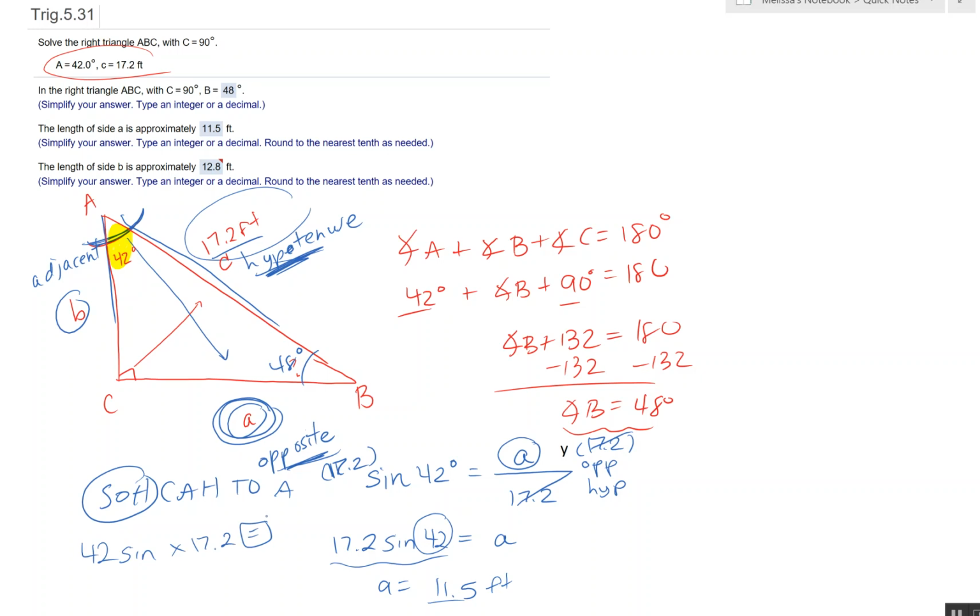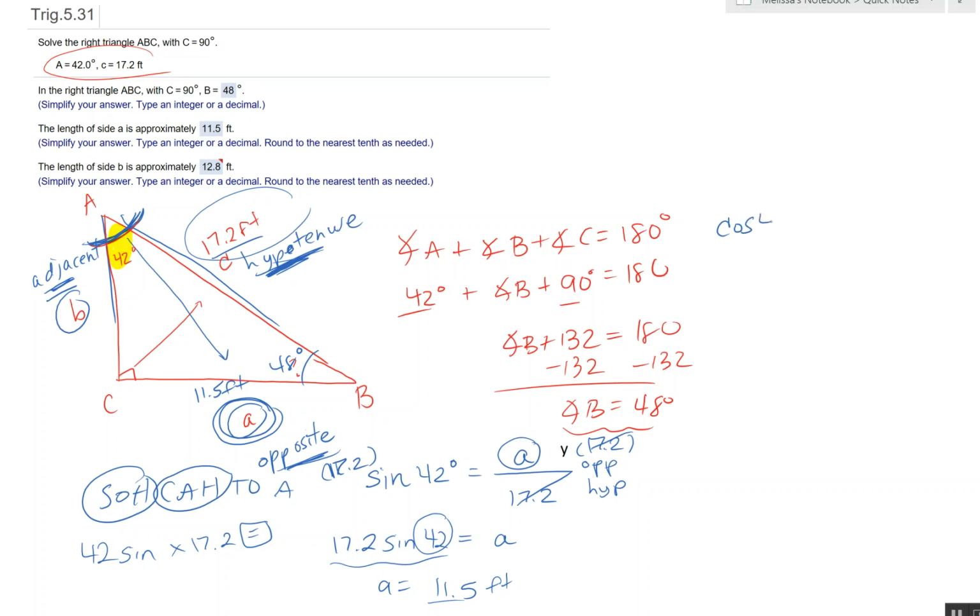So now that I know side A, I need to know side B, and then I have solved the triangle. So remember, side B was marked as adjacent to angle A, and then I can use the hypotenuse again. So I have adjacent and hypotenuse. That's going to be cosine of the angle. So I set up the trig ratio.